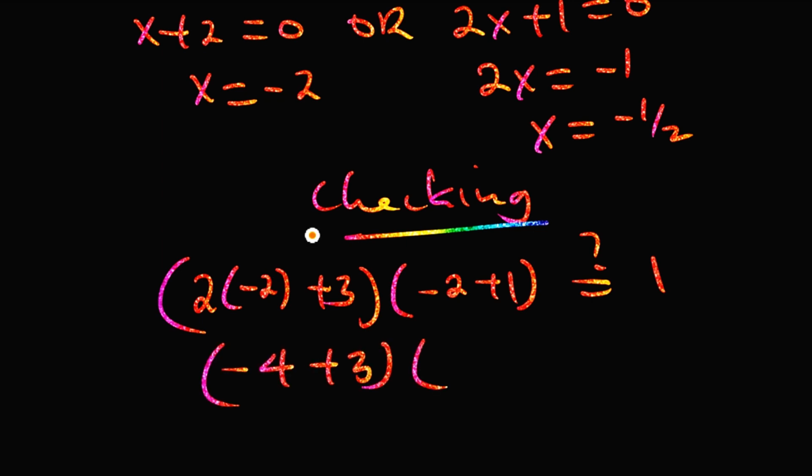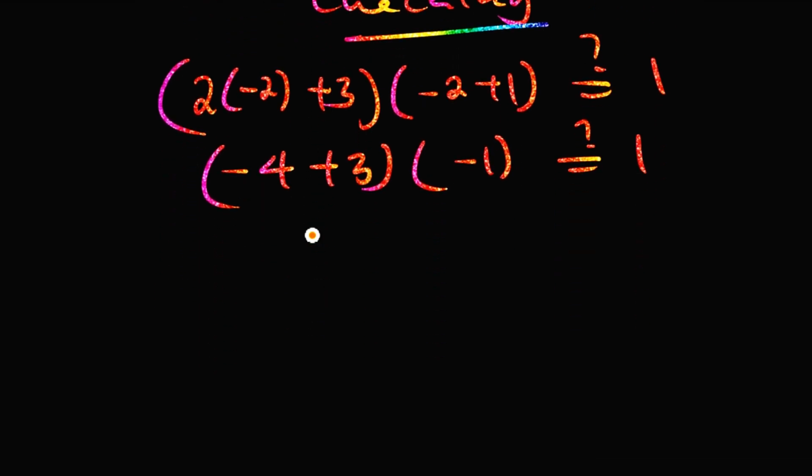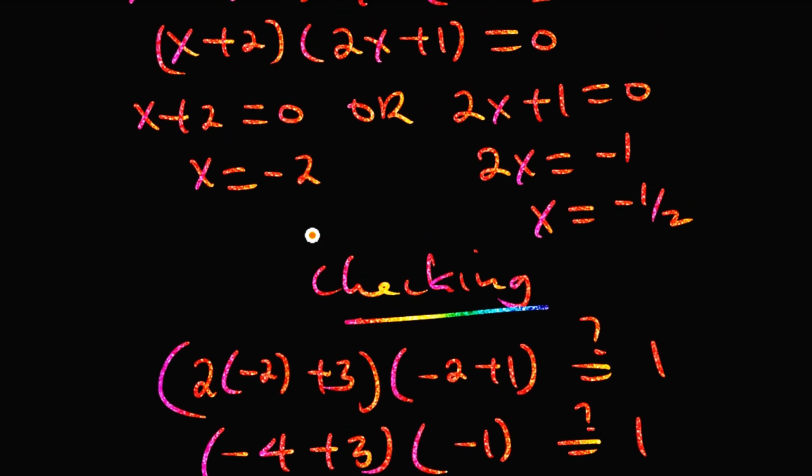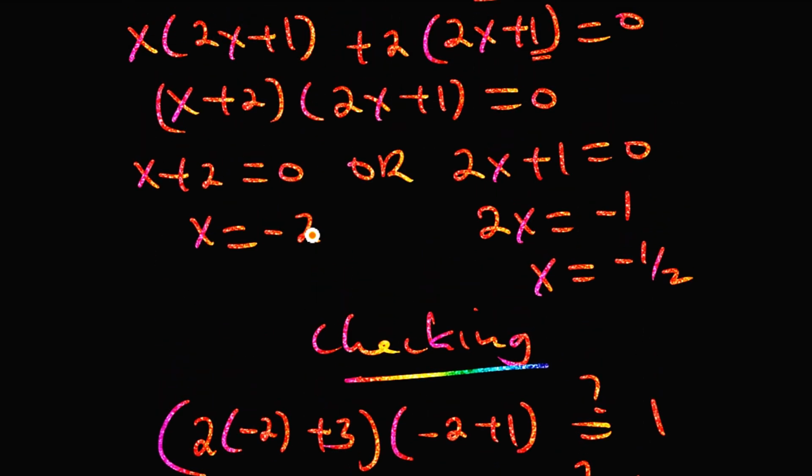And then here we have minus 2 plus 1, which is just minus 1. We check if that will give us 1. Minus 4 plus 3 is minus 1. So minus 1 times minus 1 is 1. And indeed, the two sides of the equation are equal. So it means the solution is true.